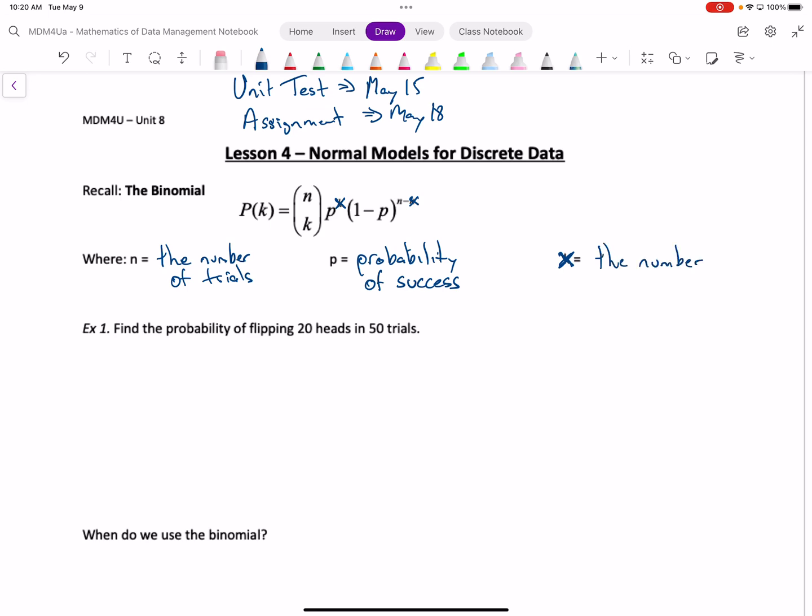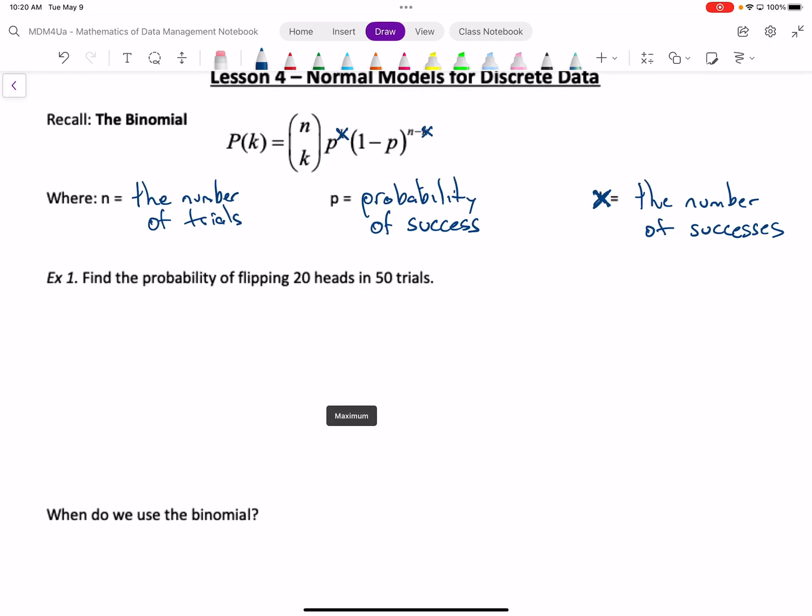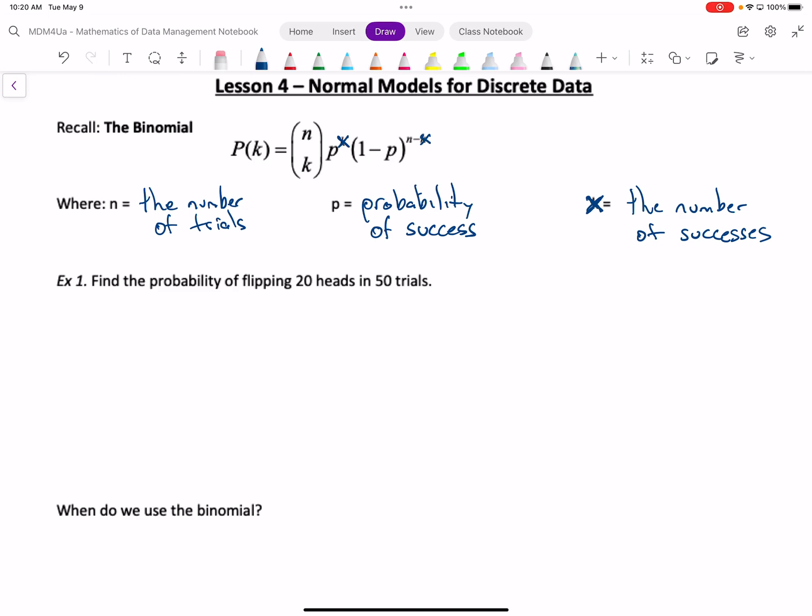How this connects to what we were doing with the normal distribution, you'll see in a minute. But just to remind you how this might work, this is very much a review of what we did a long time ago. Find the probability of flipping 20 heads in 50 trials.